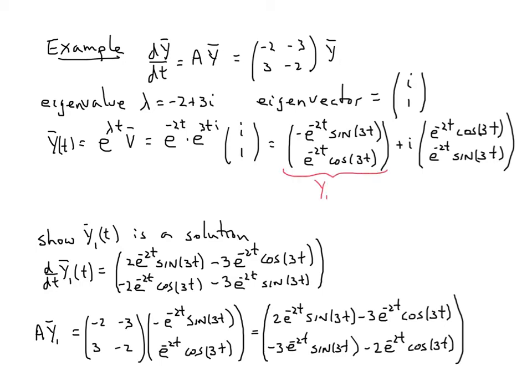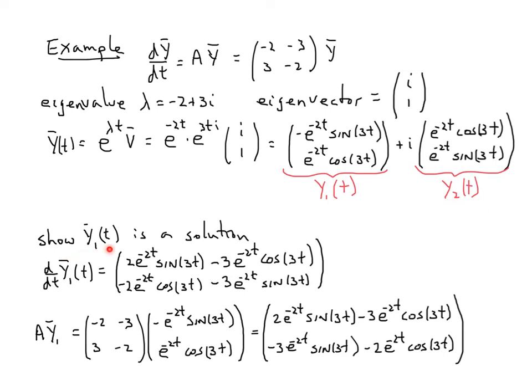This is the real part, that's y1 of t. And this piece is y2 of t. I'm only going to demonstrate that y1 of t is a solution, and if you're not convinced, you need to do the same thing to convince yourself that y2 of t is a solution.